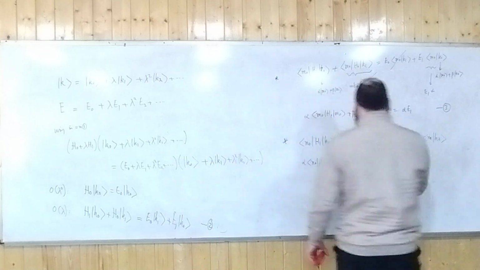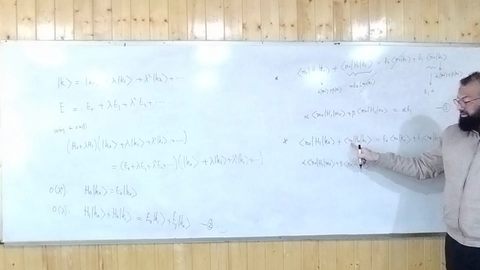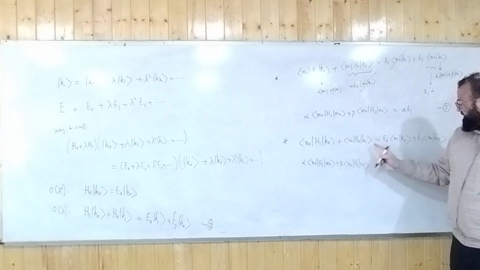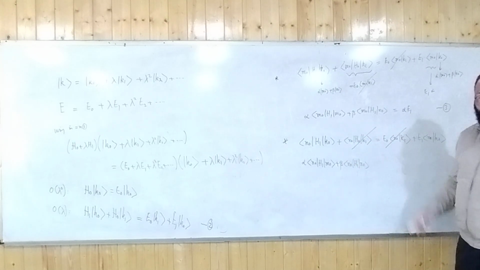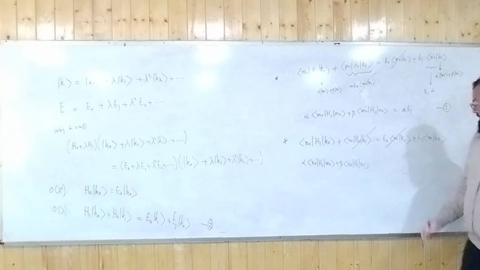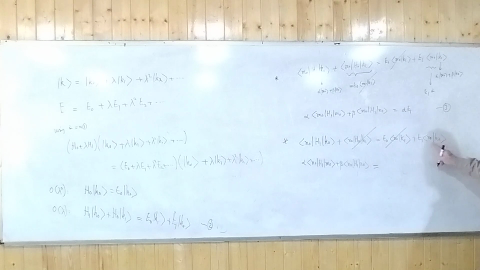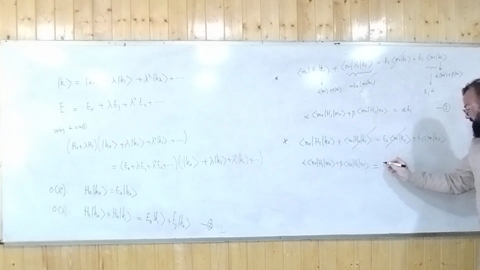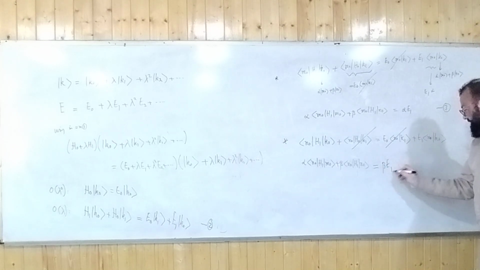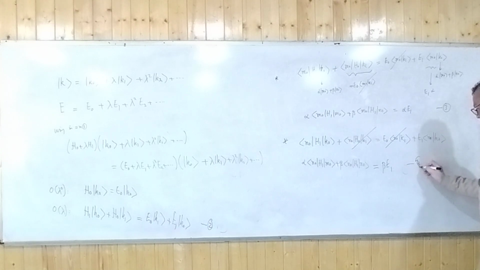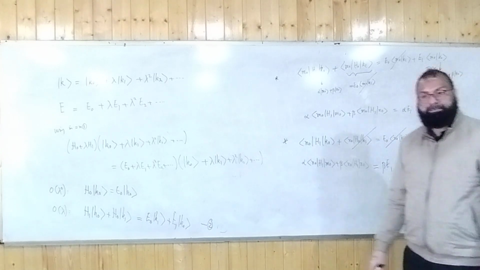And now H0 will act on n0, you will get E0, then you are having n0 K1, so this term cancels with this term. Now what about this thing? You will get here n0 K0, only the n0 will contribute, so it will be simply beta E1.